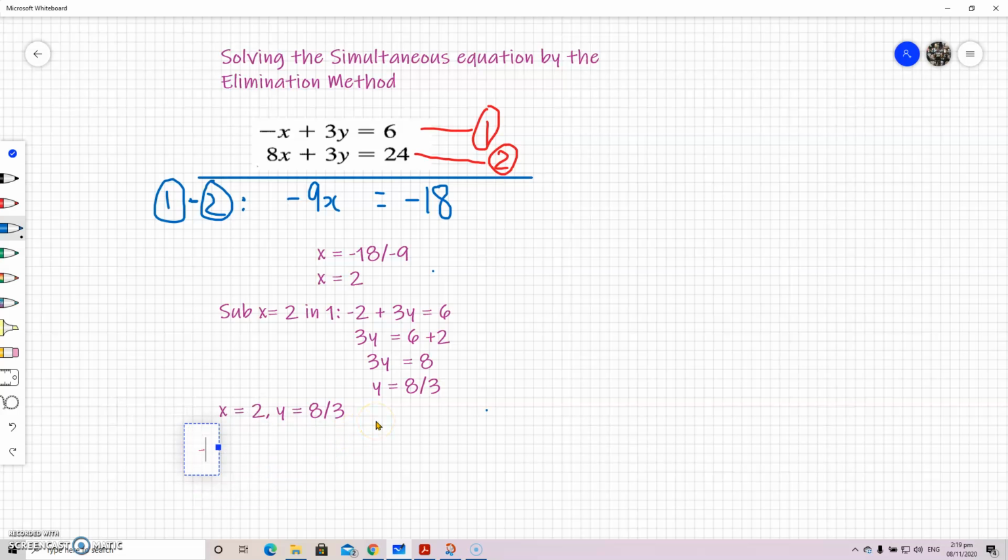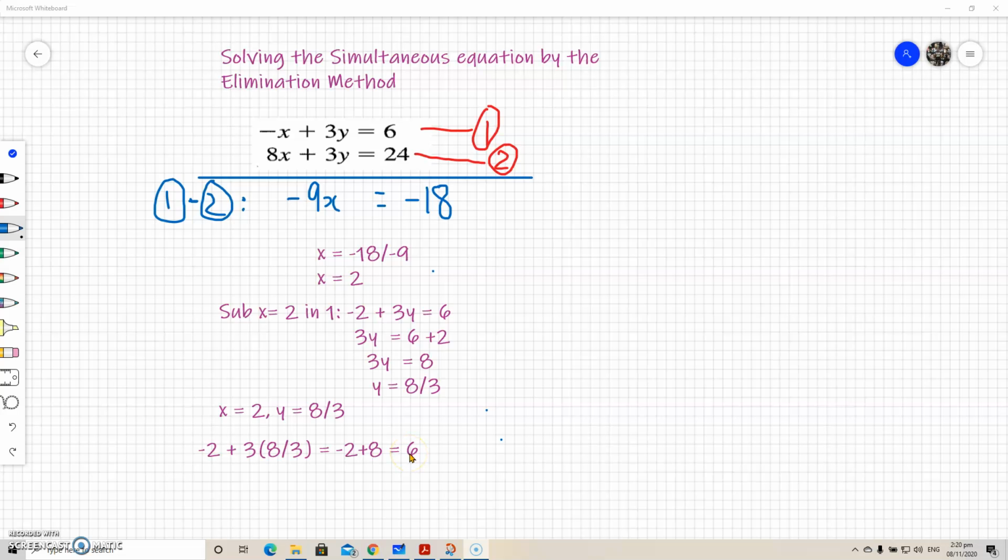I get minus 2 plus 3 times 8/3. Minus 2 plus 3 times 8/3 is where we had reached, and substituting back into equation 1, I get back 6.